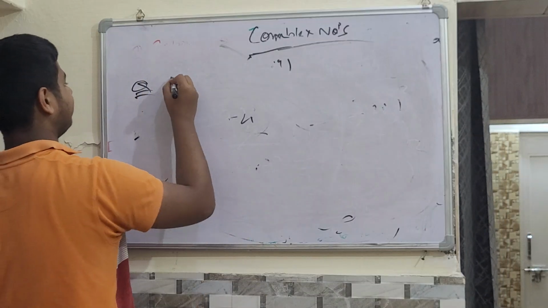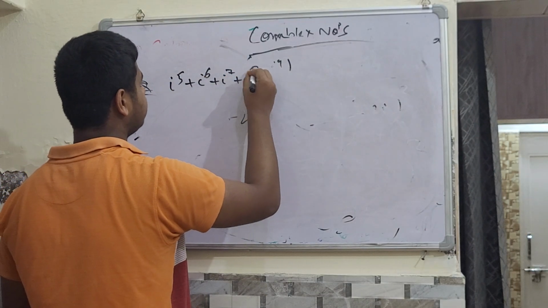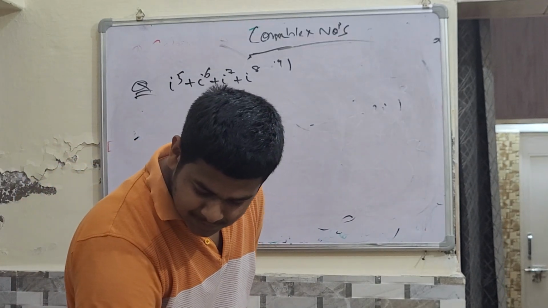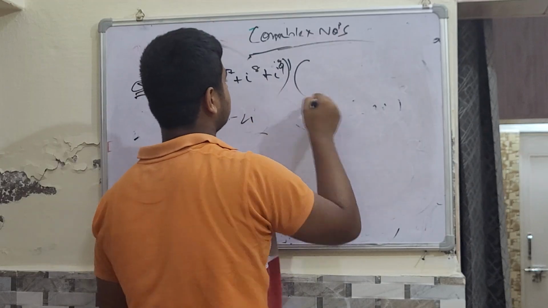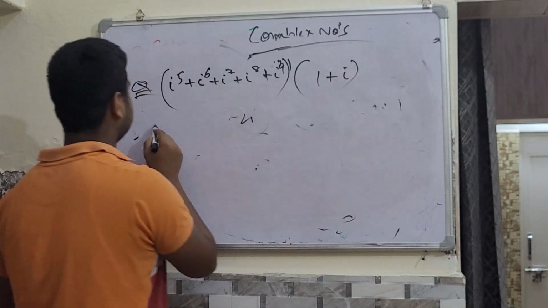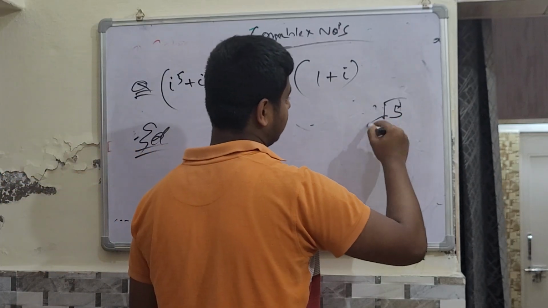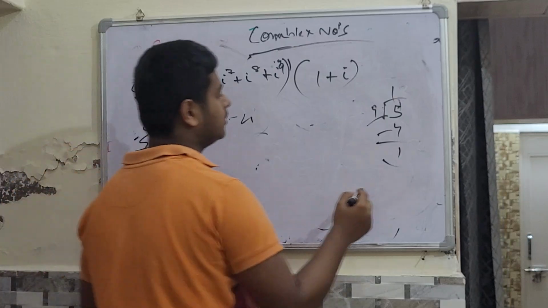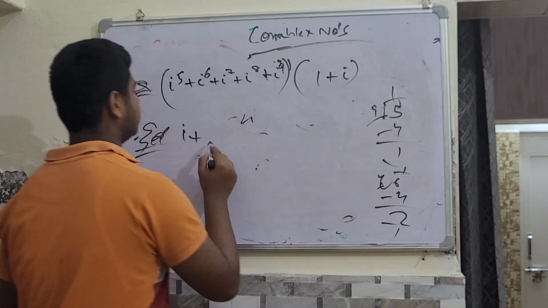i to the power 5 plus i to the power 6 plus i to the power 7 plus i to the power 8 plus i to the power 9, then 1 plus i plus i to the power 5. You have to do it like this, as I told you: divide the power by 4 and whatever the remainder is, that's it.